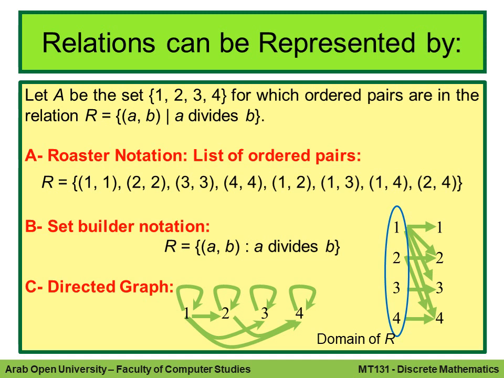These are arrows from the integer to itself. That would indicate that every integer in that set divides itself. We will see many relations using graphs. To be more accurate, these are directed graphs, one way to represent relations.